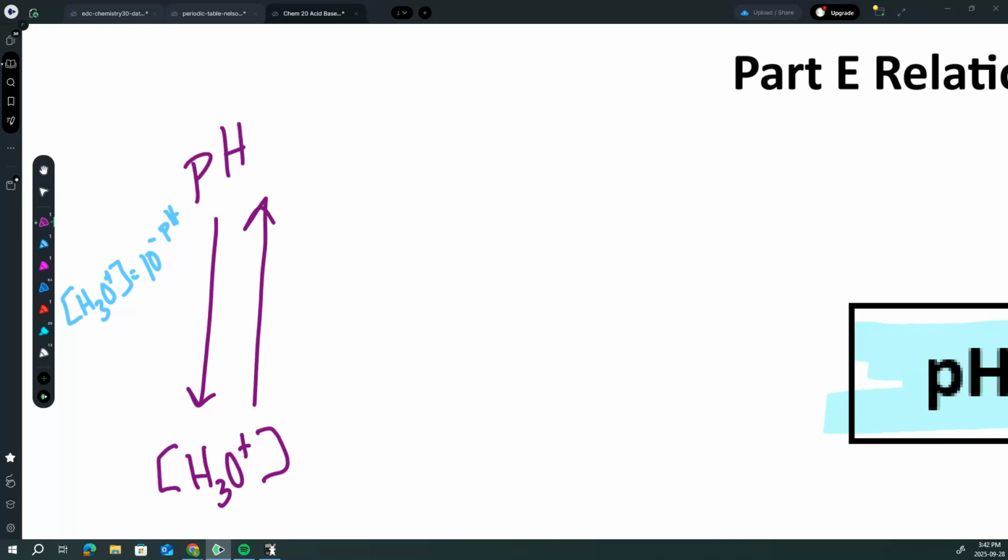Alternatively, if you had the concentration of hydronium ions and you wanted to find pH, you would go pH is equal to negative log concentration of hydronium ions. Okay, so what I'm trying to say here is pH helps you find concentration of hydronium ions. It does not help you find concentration of hydroxide ions. Okay.